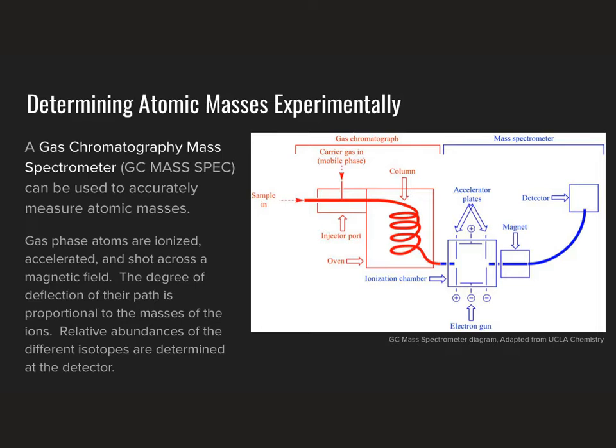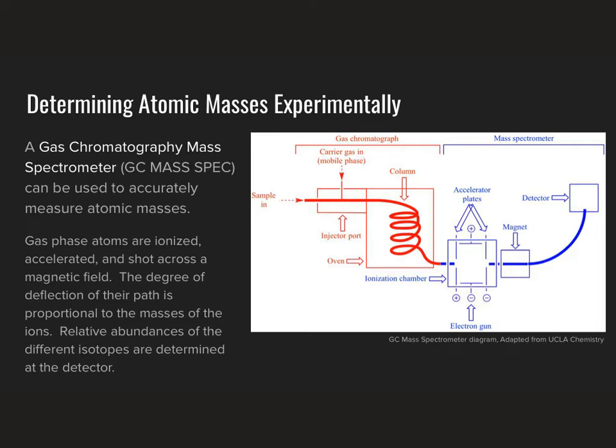Now, obviously, to do that with real-world atoms is a much, much more complicated scenario. First of all, because we would be counting literally billions of particles. And second of all, because each of those individual particles is so small that we can't really just collect them individually with tweezers or something and pull them out.